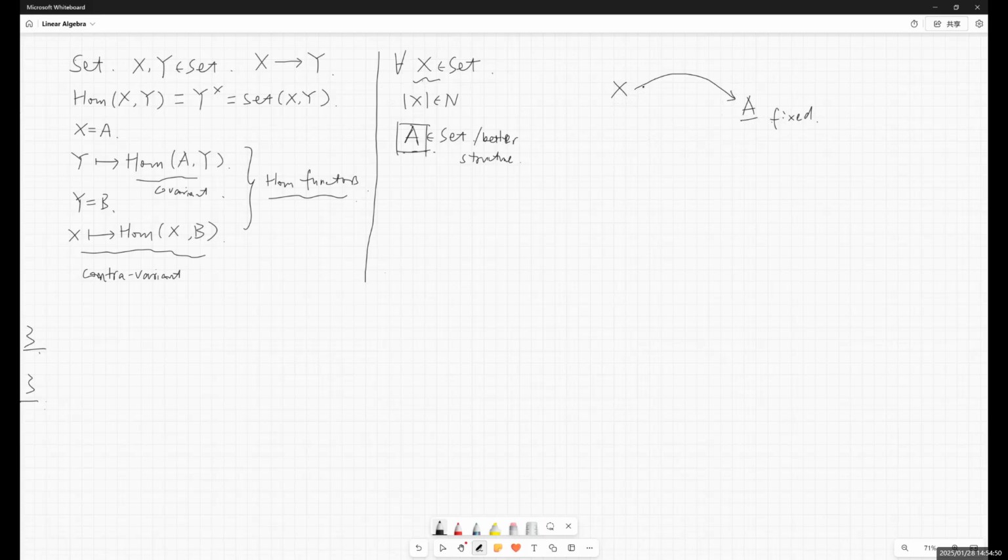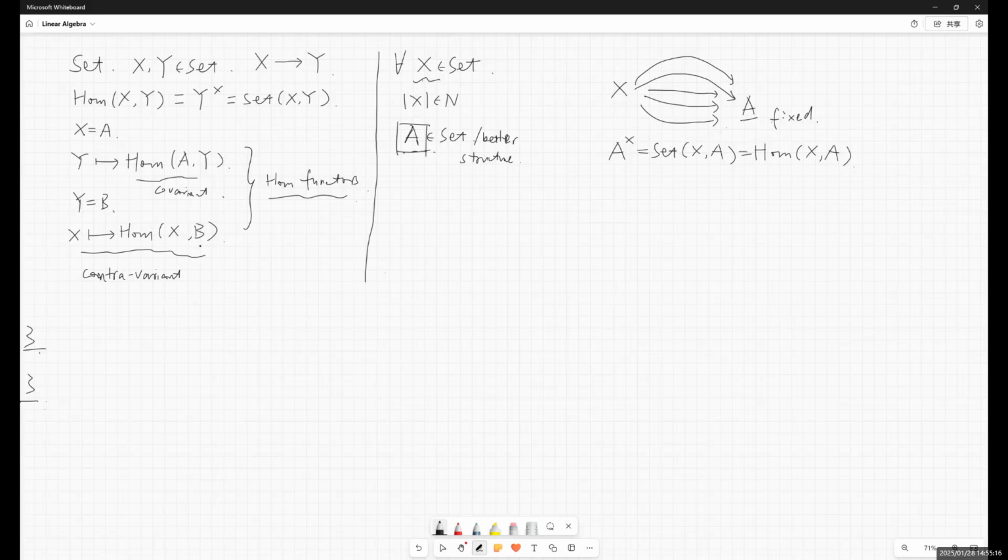The collection of all the arrows or functions from X to A becomes A^X, or Hom(X, A).